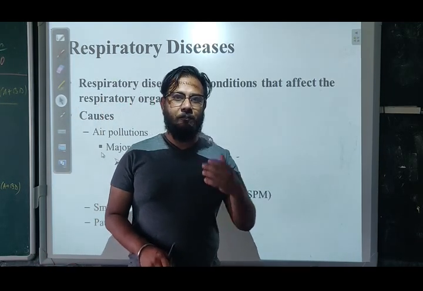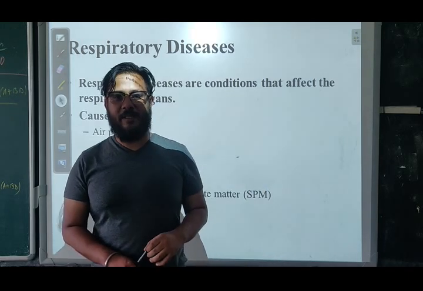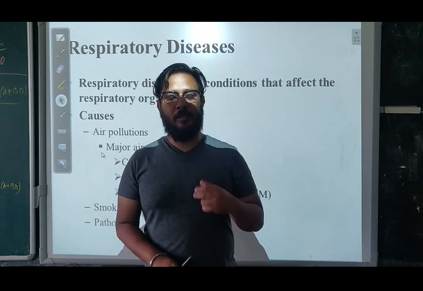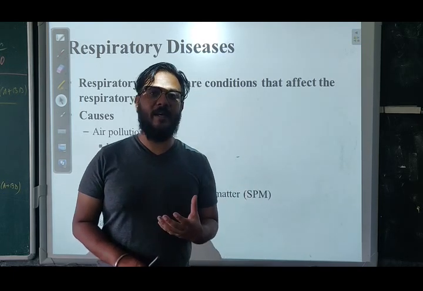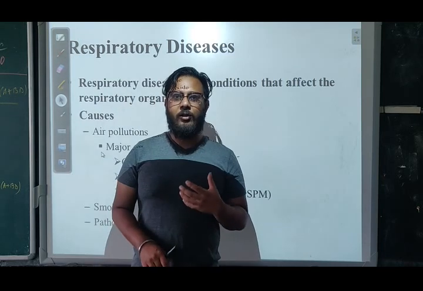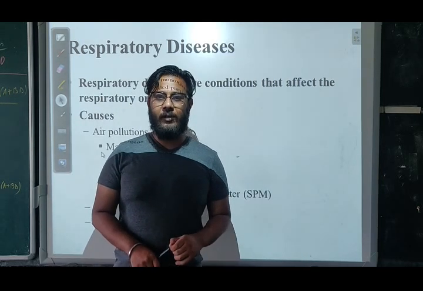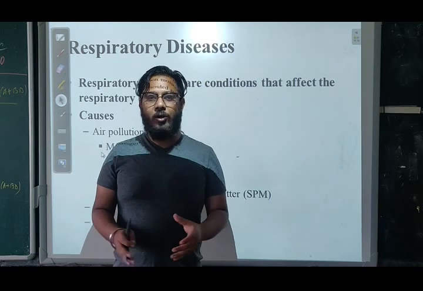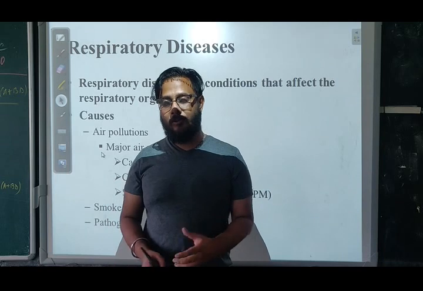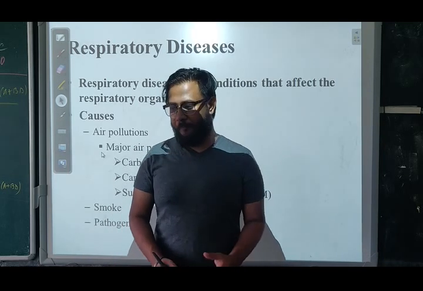If it affects the sinuses, it's called sinusitis. If it affects the larynx, it's called laryngitis. If it affects the pharynx, it's called pharyngitis. If it affects the bronchi, it's called bronchitis. So different organs, when affected by these pollutants and pathogens, affect the body.